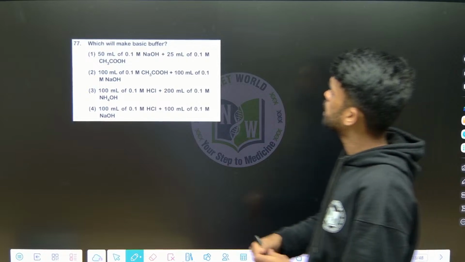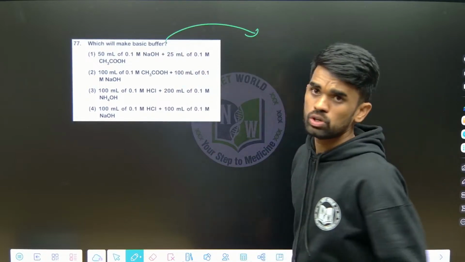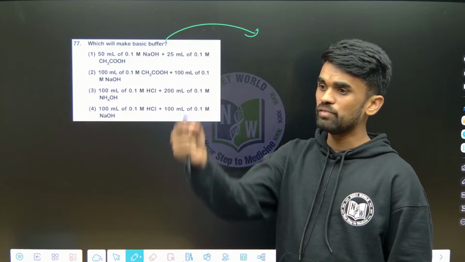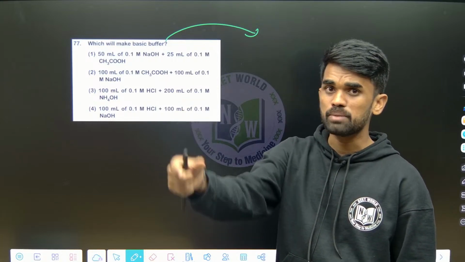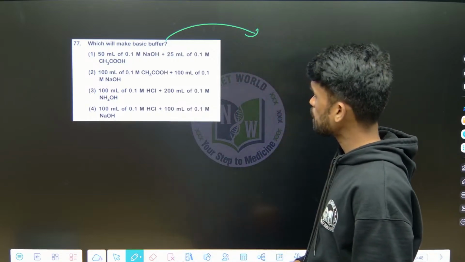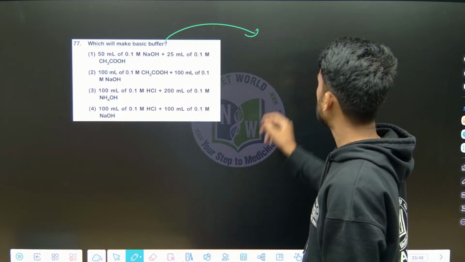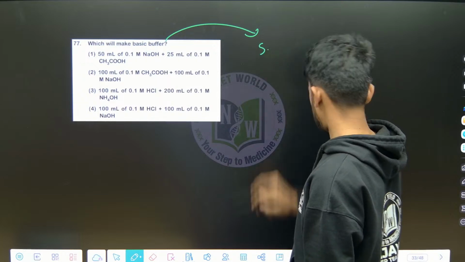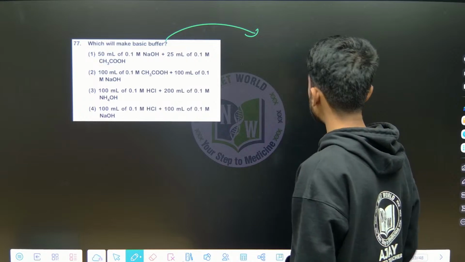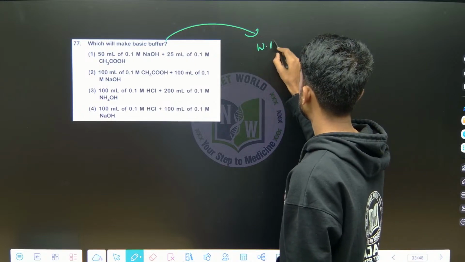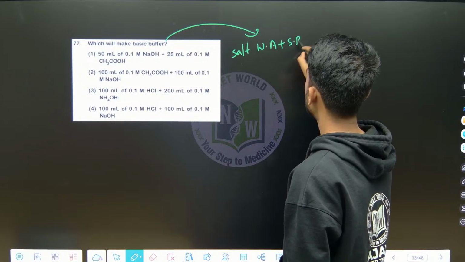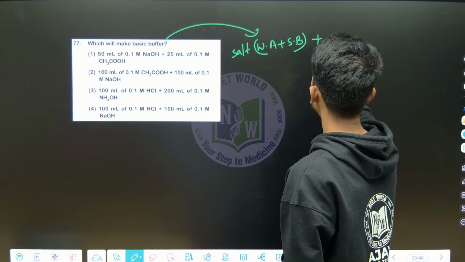Next, how to make a buffer solution? A buffer solution is a solution which resists the change in pH when we add a small amount of acid or base to it, right? In order to make a buffer, there should be a combination of a salt of a weak acid plus strong base, and a weak acid.